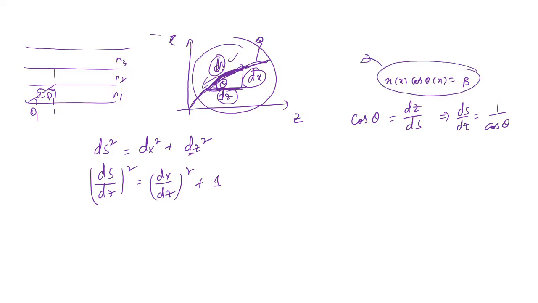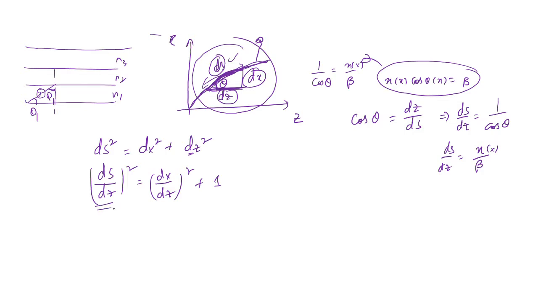So from here I can write 1 over cosine theta as n over beta. So 1 over cosine theta is n over beta, where this n is changing continuously. So ds by dz is equal to n over beta.